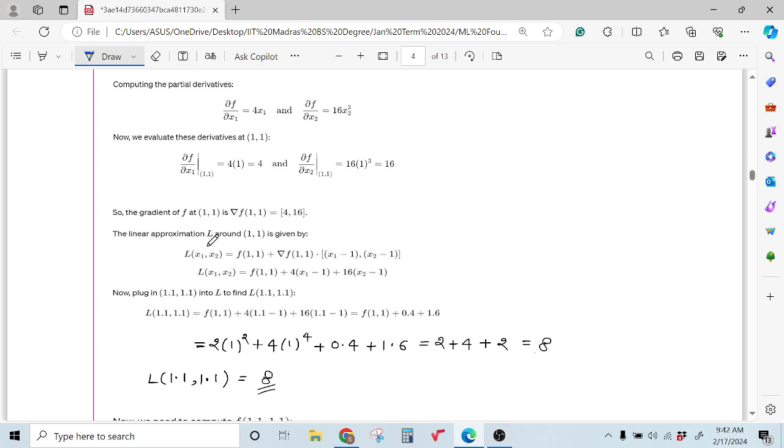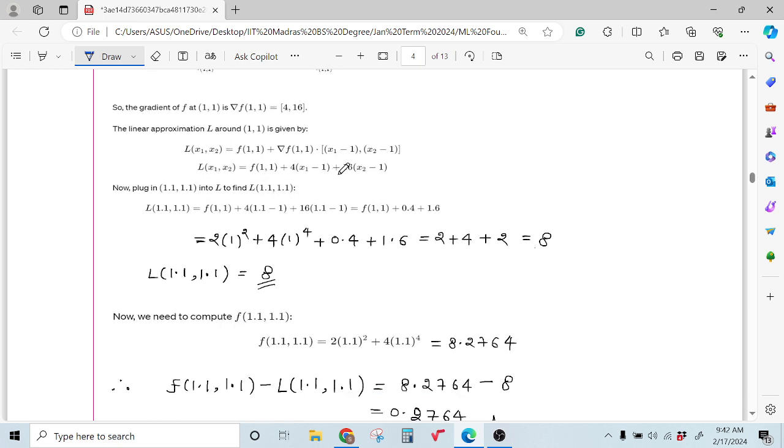So the linear approximation L around (1, 1) is given by this equation: f(1, 1) plus the gradient of f at (1, 1) dot product with (x1 minus 1, x2 minus 1).